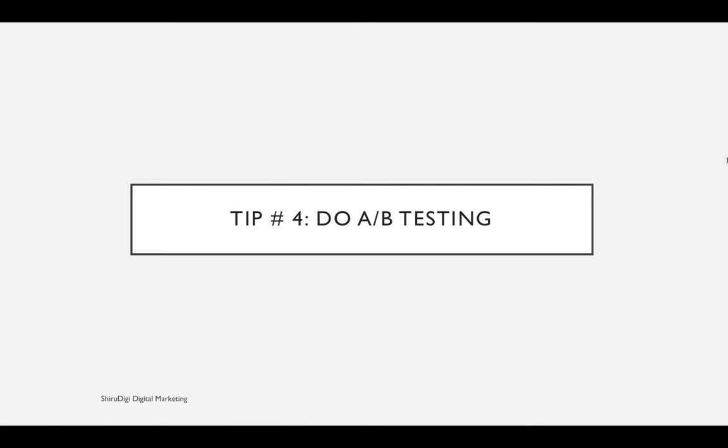Tip number 4 is doing A/B testing. So, what an A/B test is, for those who don't know, is essentially testing 2 different variants of a landing page to see which performs the best. So, this might be some image testing you want to do, maybe some copy on your landing page that you want to test out. Essentially, testing out different things allows you to see what sticks and resonates with your target audience the best.